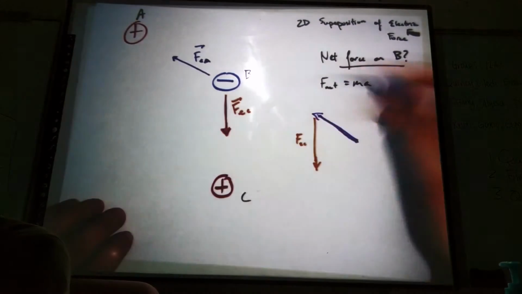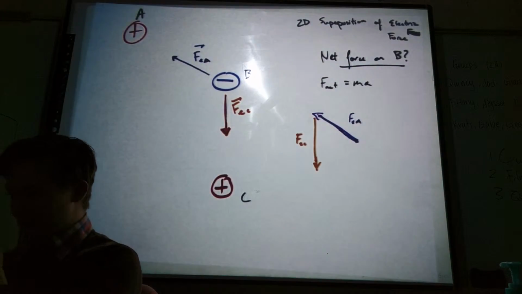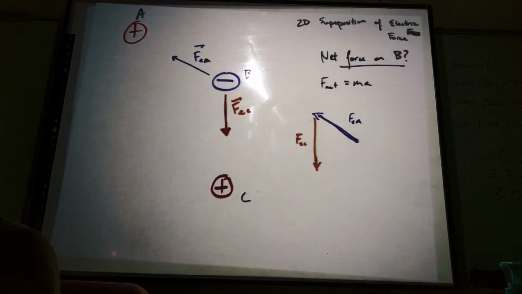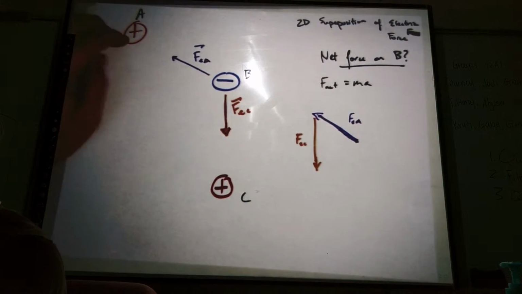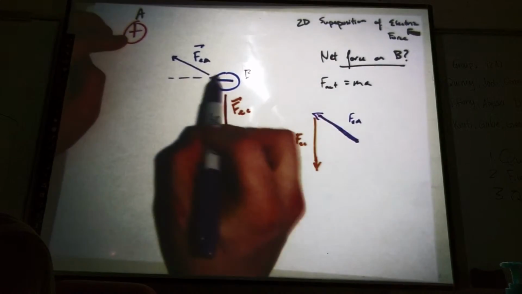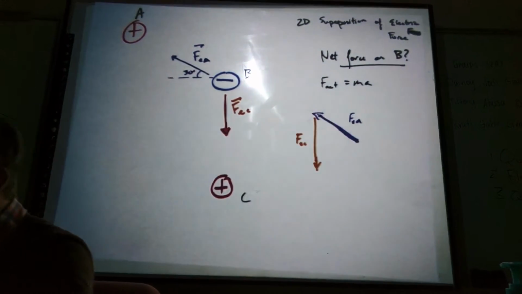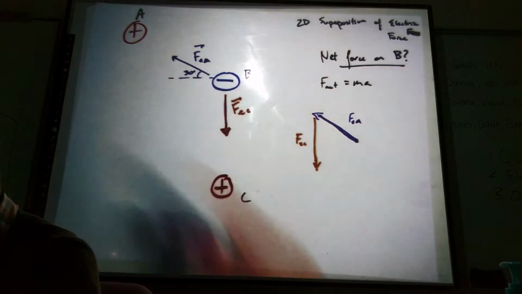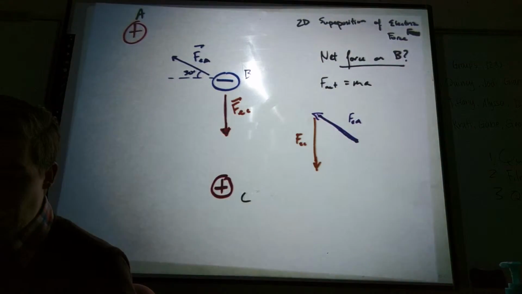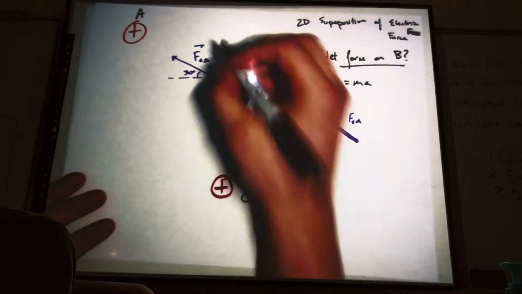Okay. So let's suppose that these were positioned such that this made, let's say, a 30-degree angle. And let's say we knew all of these charges and we knew the distances so that we could solve for the actual force values.